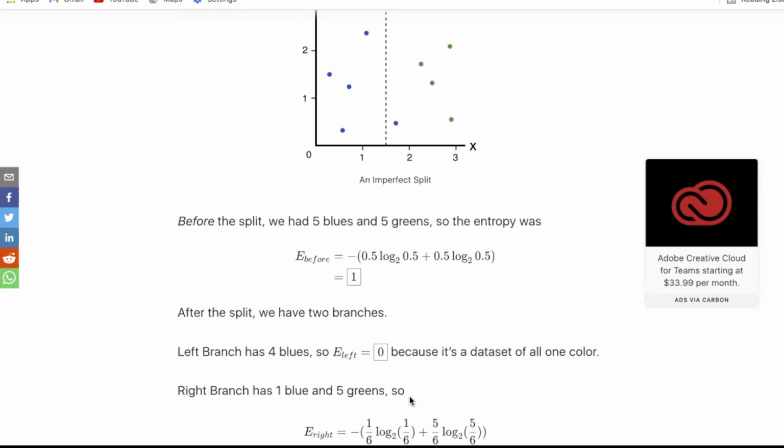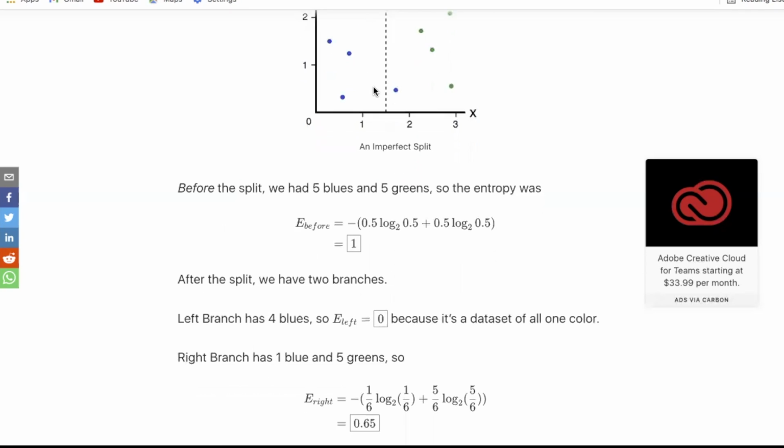And after the split where x is equal to 1.5, just see this left branch. Here the entropy is going to be 0, because, as we have seen earlier, for all these blue balls the probability of a blue ball is going to be 1, and 1 log2 1 is going to be 0.